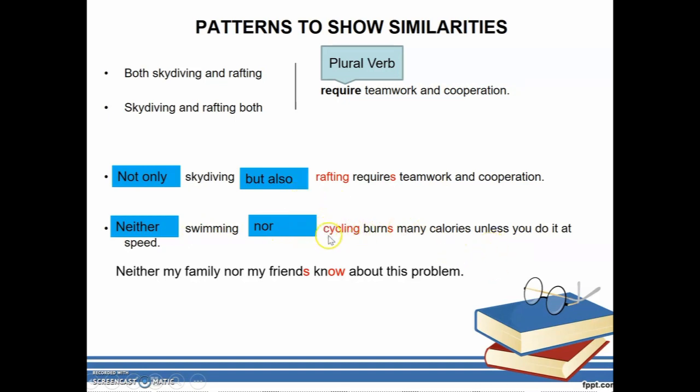Again, the word next to the verb determines whether the verb needs to be in singular or plural form. Neither my family nor my friends know about this problem. So you see the word next to the verb is plural, so the verb form is also plural.